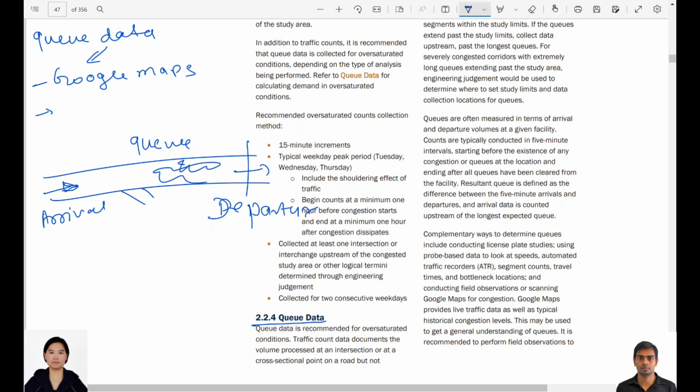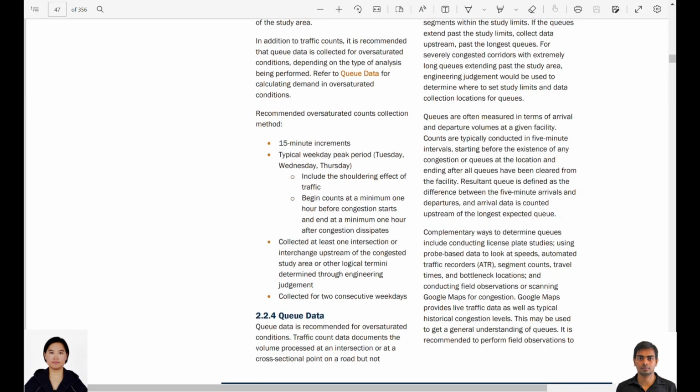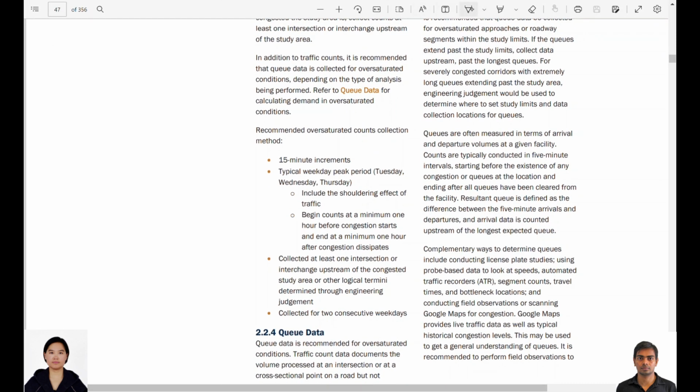This queue brings up an important issue of demand versus count. This is kind of scratching the surface of a bigger problem of how the counts are misleading. For a congested system, counts are misleading.